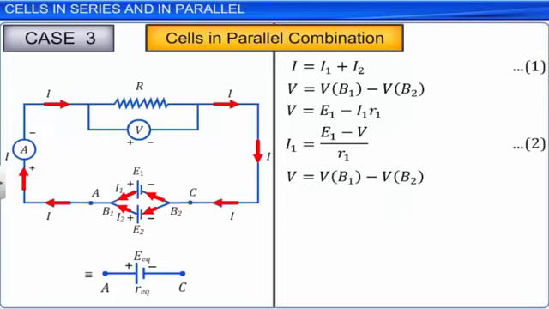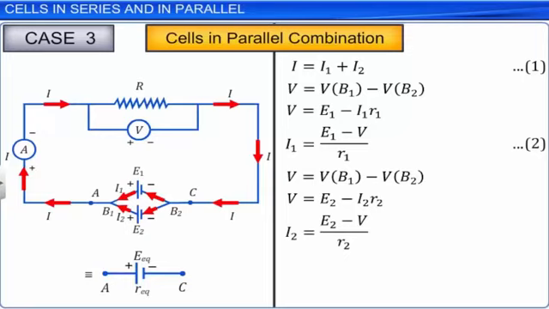V is equal to E2 minus I2 into R2. Rearranging the terms, we can write I2 is equal to E2 minus V divided by R2. Let this be equation 3.